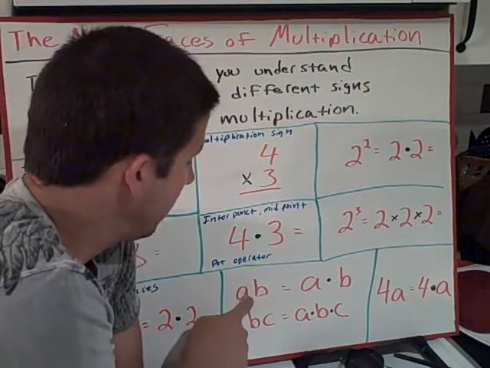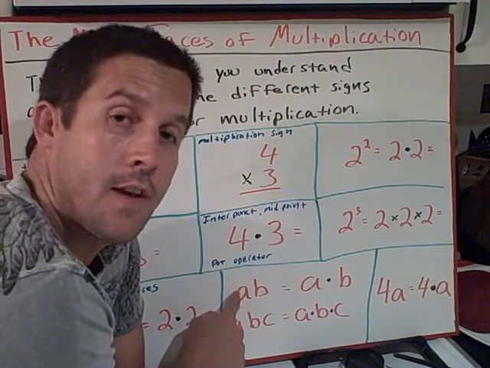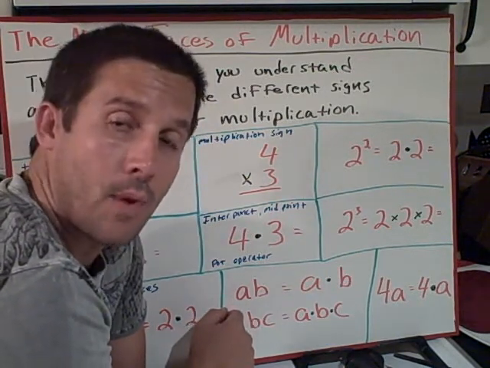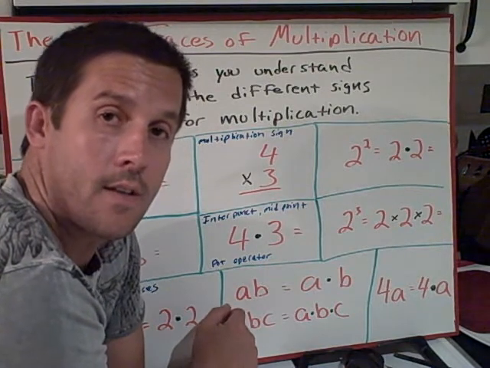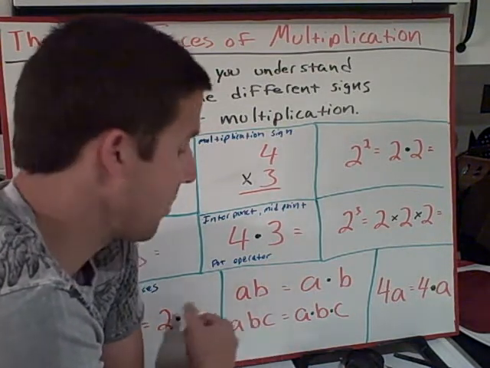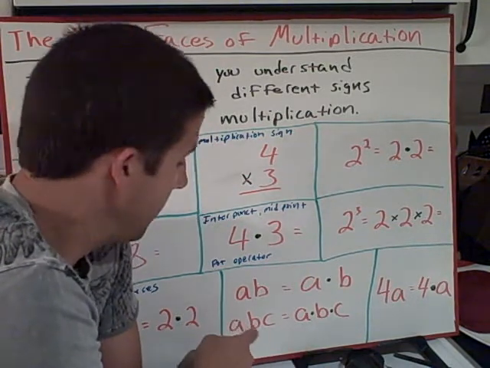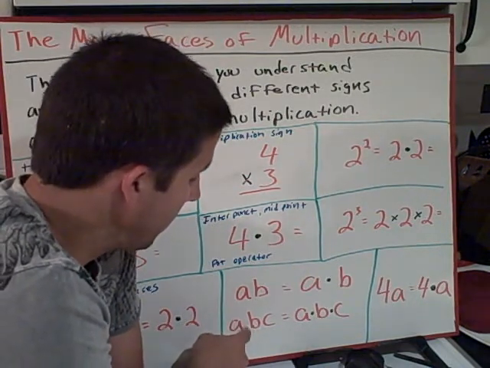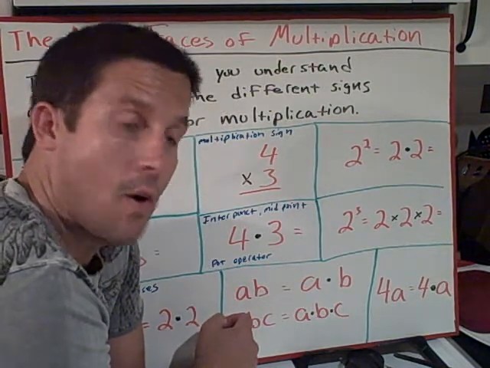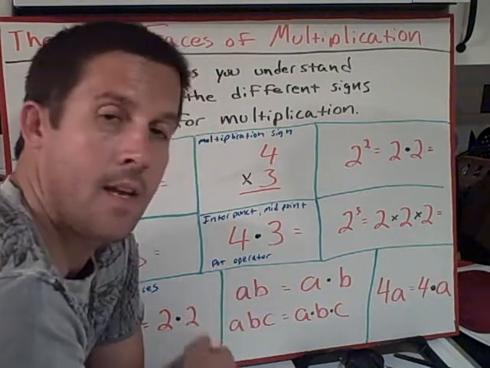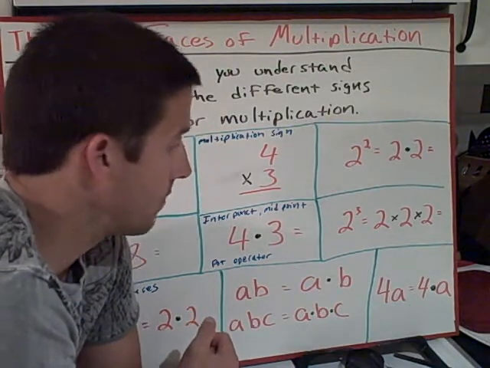More importantly, just know that if you see two letters next to each other, most likely you'll be multiplying those two numbers at some point in the operation or some point in the problem. If there was 3 or 4, it doesn't matter how many numbers or variables, if there's nothing in between, you are multiplying. In this case, A times B times C will give you the answer that you're looking for.